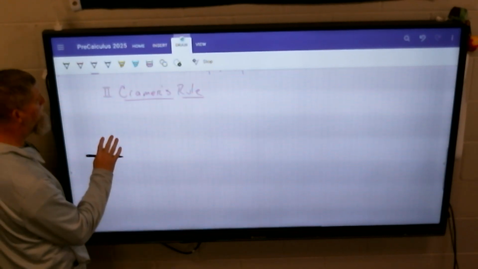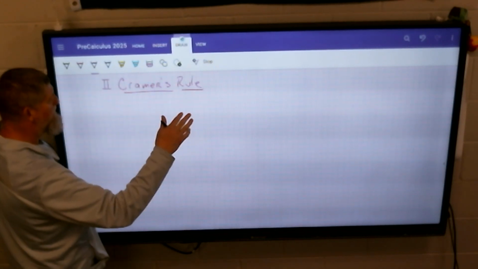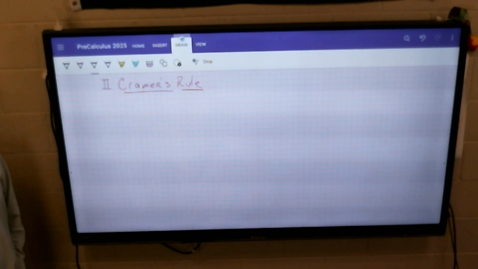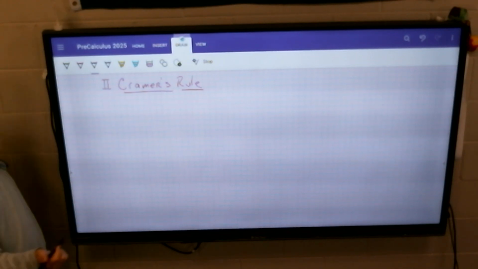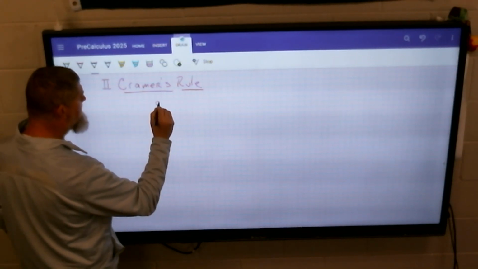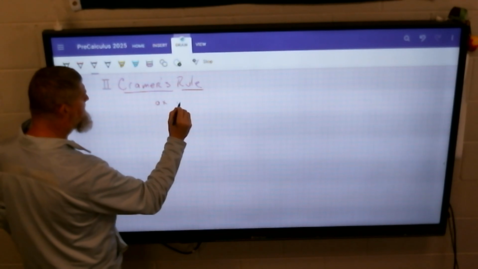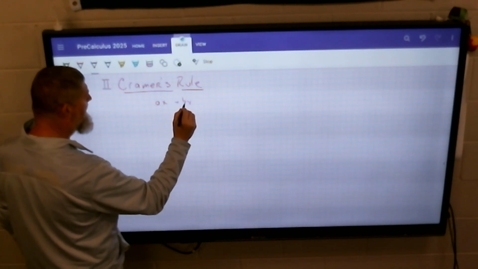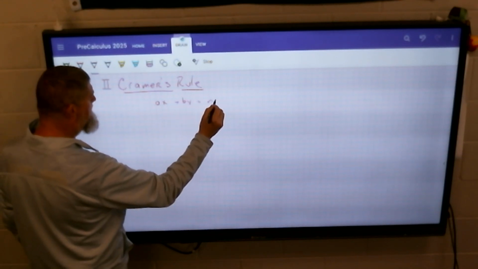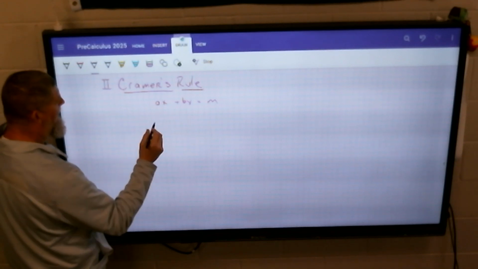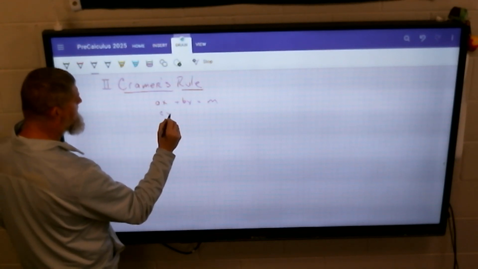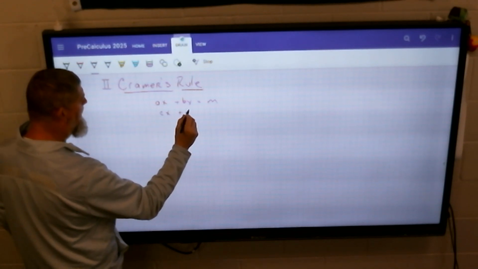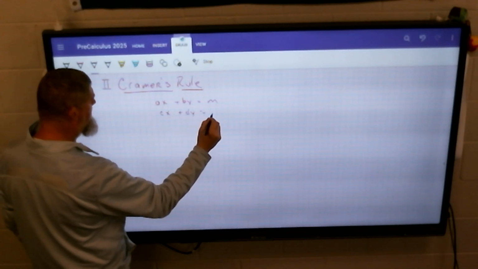Let's take a system of equations, but let's not use numbers, just variables. So AX plus BY equals M, and on this side, CX plus DY equals N.